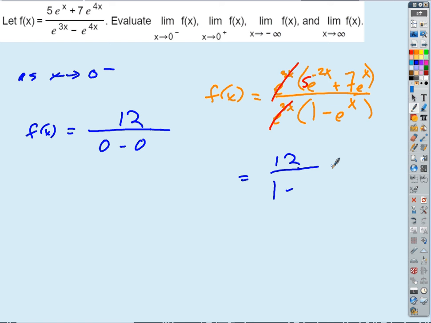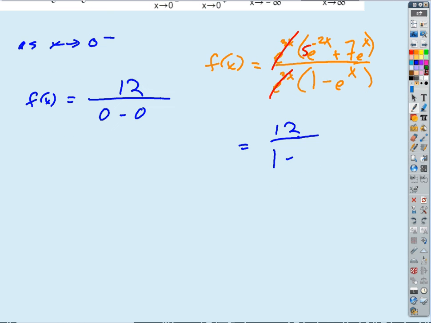Now if we're approaching 0 from the left, right, think what that looks like, but we have to actually think about how the function behaves. This is where we might want to just take a second and let's sketch what the exponential function looks like. If that's 1, what's the function doing?